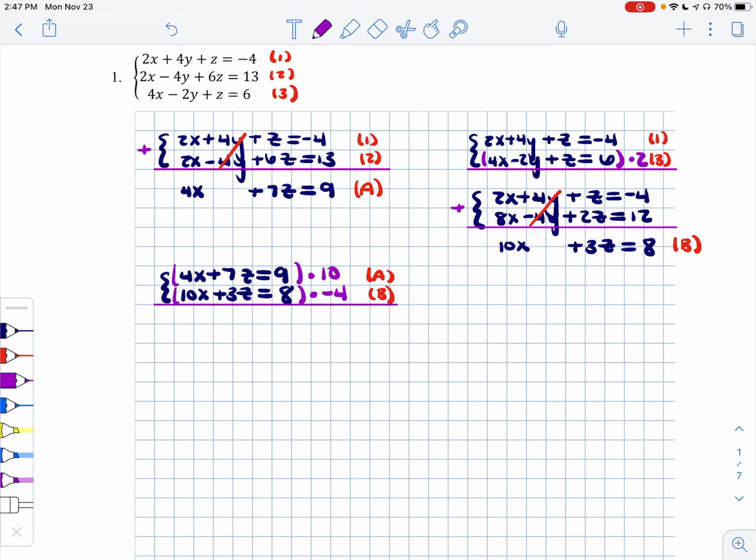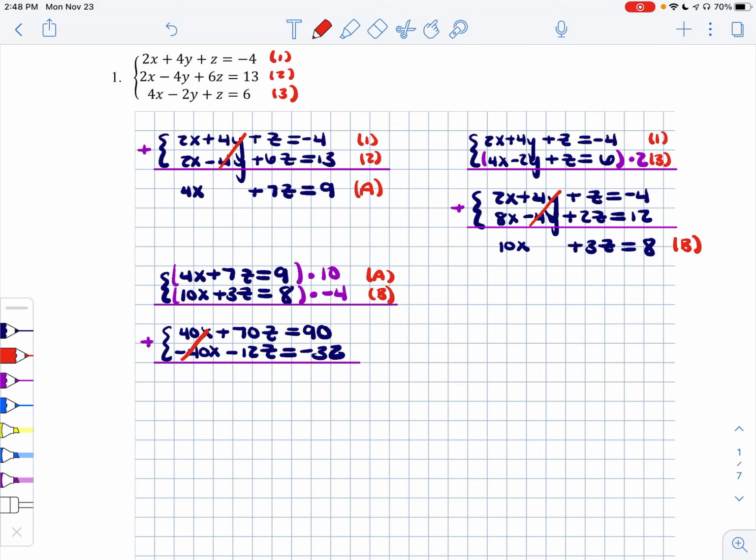Rewriting this, we have 40x plus 70z is equal to 90, and negative 40x minus 12z is equal to negative 32. Now we can add our equations together.